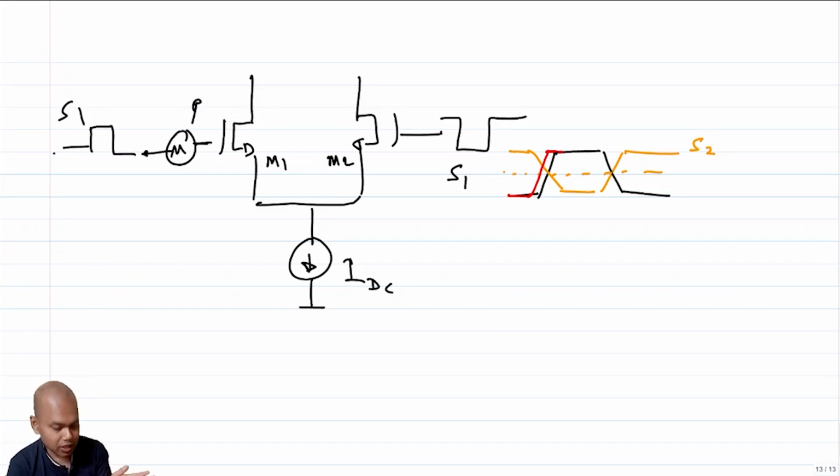Which means that the current IDC is shifting towards M1 some time delta t before it was supposed to, and this delta t is an uncertainty. That's the effect of flicker noise of M1. So we have to quantify this uncertainty, or rather, the effect of this uncertainty.